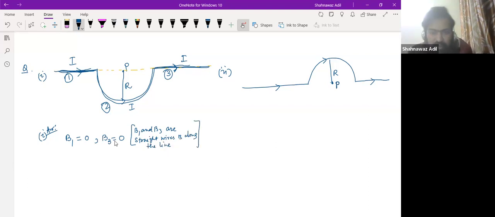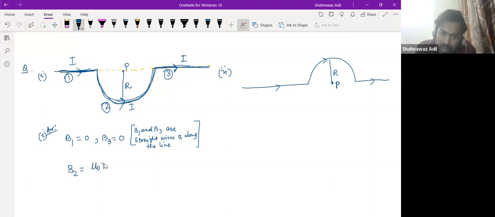So these are zero. So what is the only shape that is contributing? This is the semicircular wire, and we know that for a semicircular wire, the magnetic field is how much?